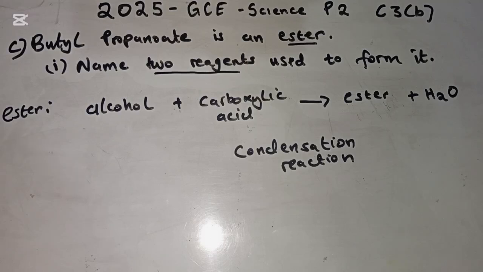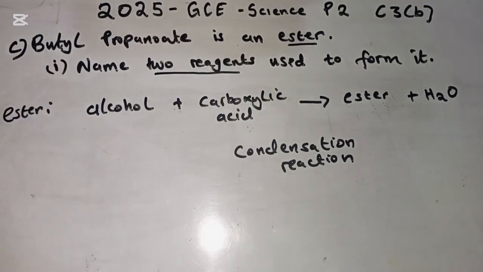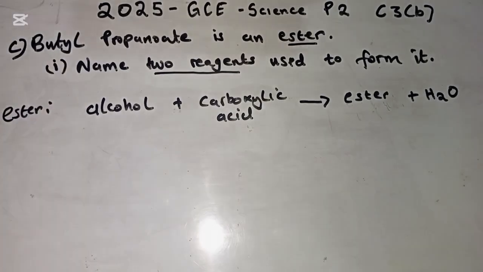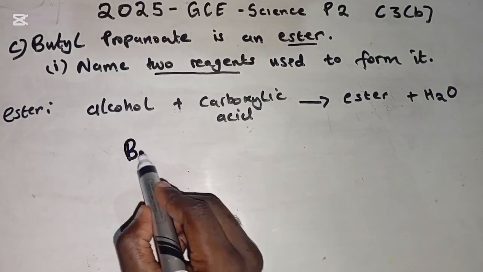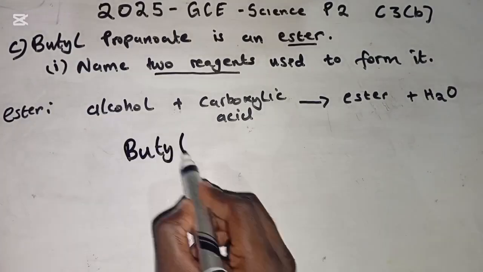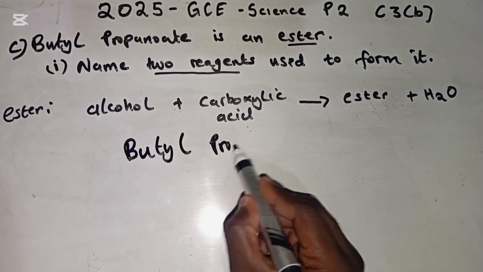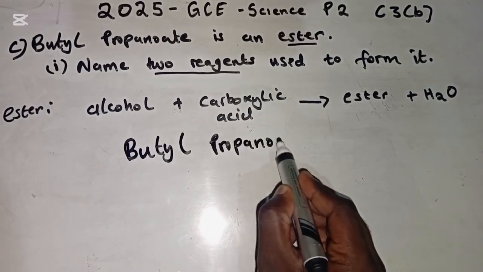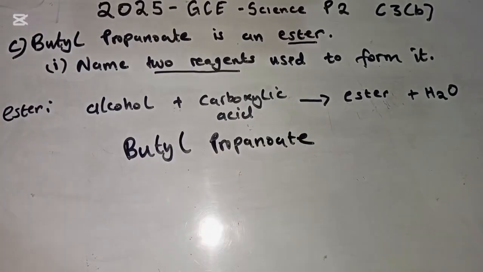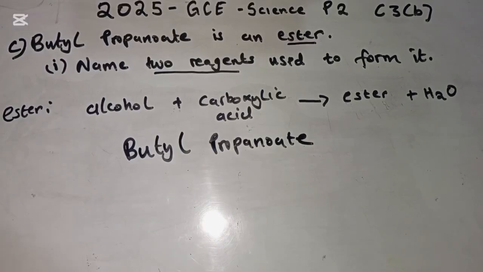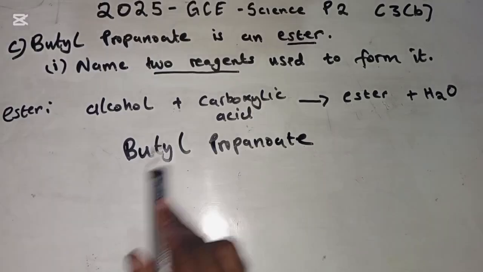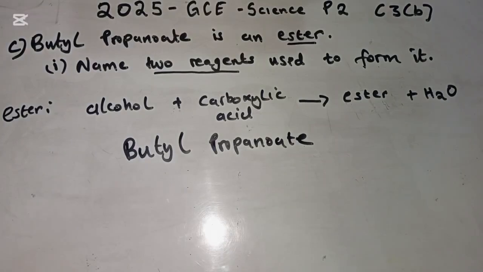We have the name butyl propanoate, so we know that in this there was an alcohol and an acid.